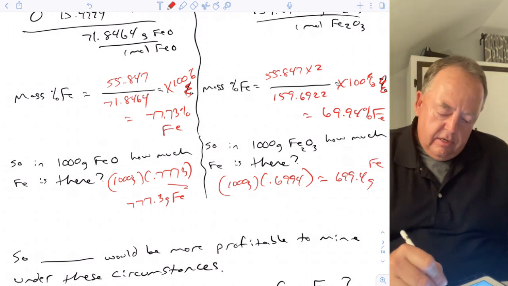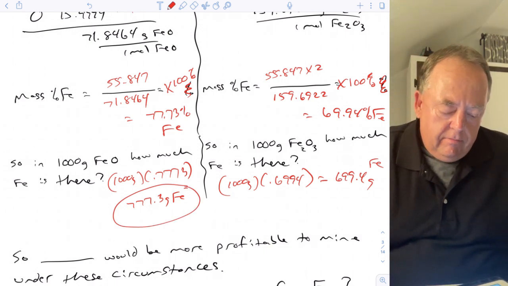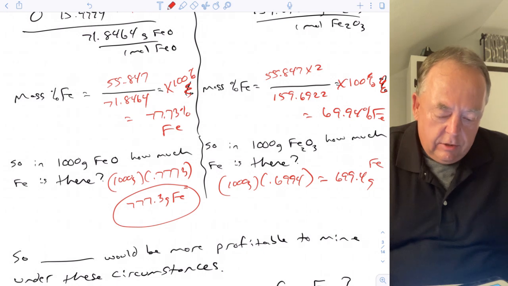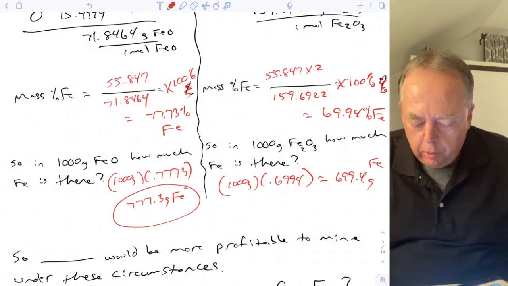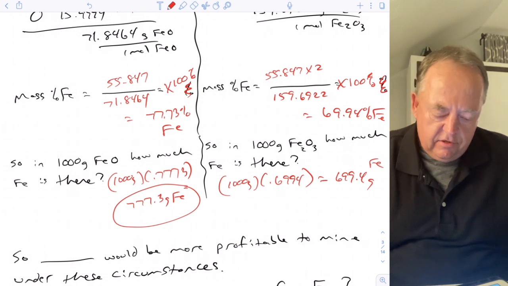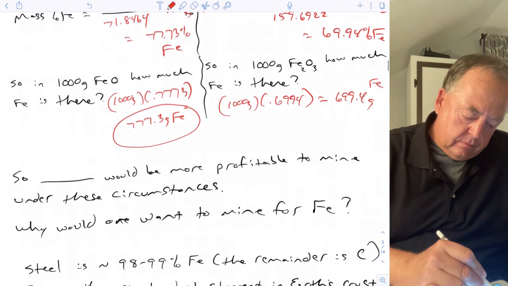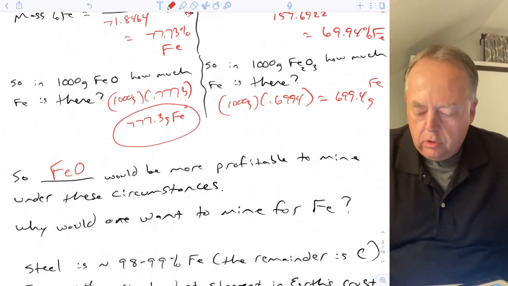So obviously, on a mass per mass basis, you get more iron out of iron(II) oxide than you do out of iron(III) oxide. So if it costs the same to mine both of them, then it would be more profitable to mine iron(II) oxide because you get more iron out of it. So FeO would be more profitable to mine under these circumstances.